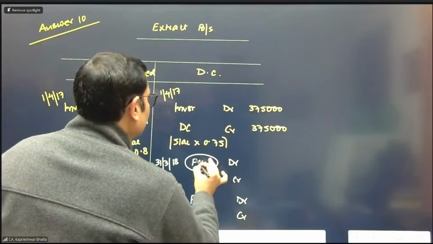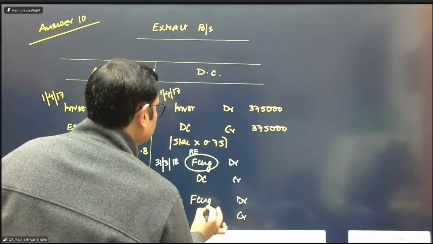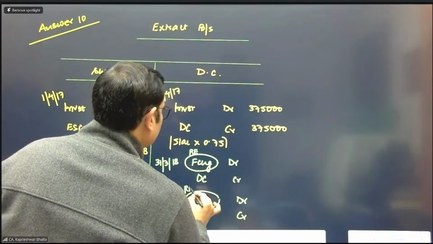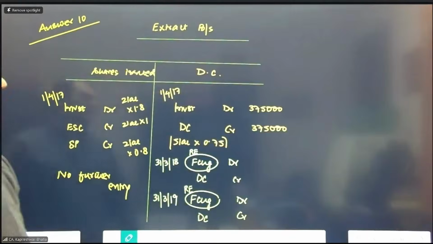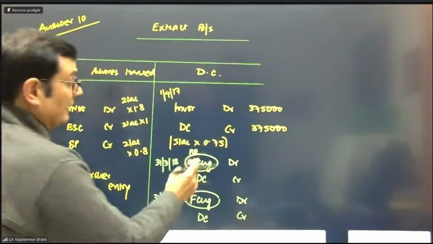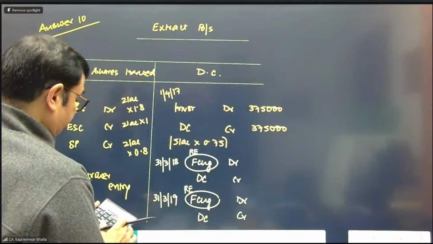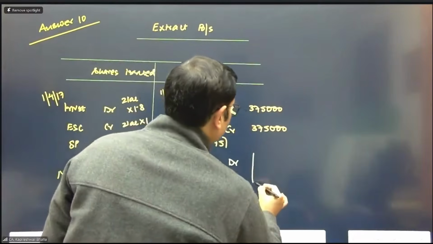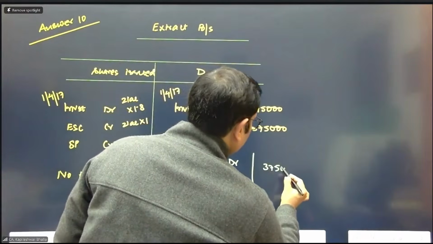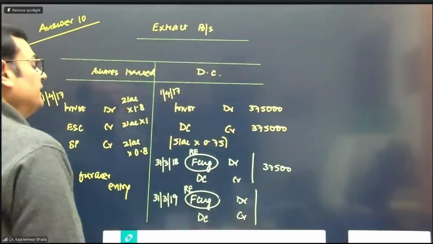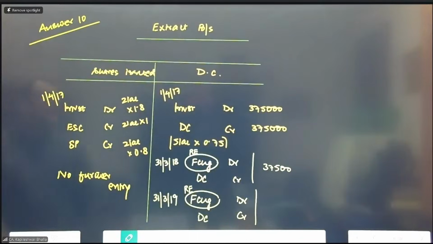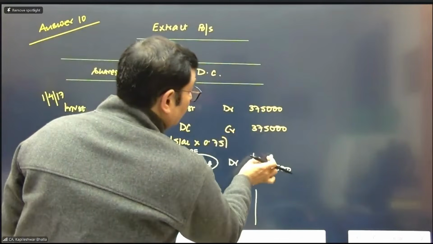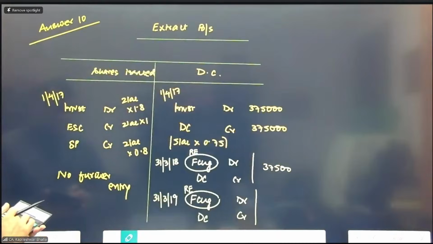Though technically this finance charge will be debited to the retained earnings because we have already closed the balance sheet. So unwinding will be at 10%. So can I say this will be 37,500? And what will be the interest for the year ended 19? Is it going to be on 375 or plus 37,500?